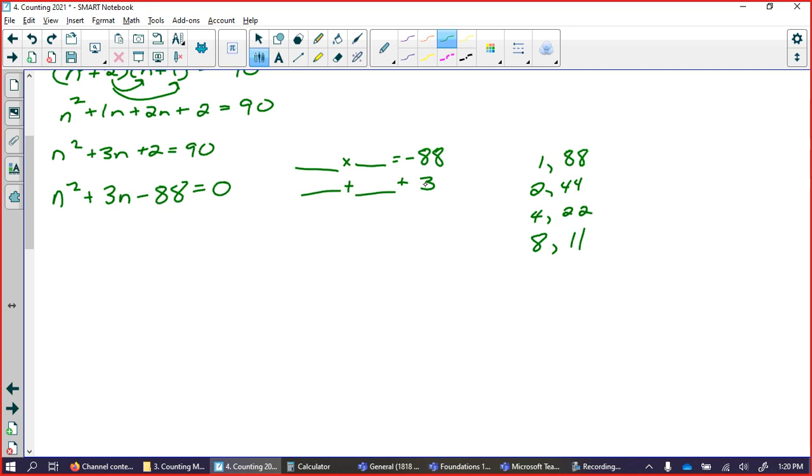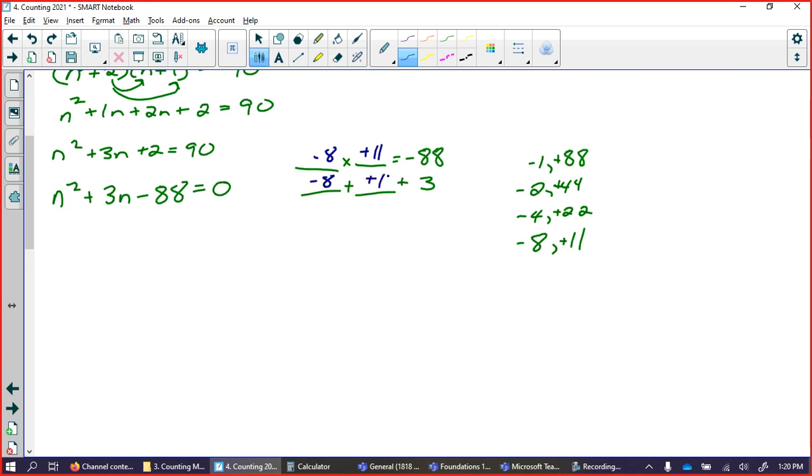Which one of these? Because one has to be positive, one has to be negative. I see a positive sign here, so it's always going to be minus, plus. If we go this way, which one of those adds up to give 3? Negative 8, positive 11.